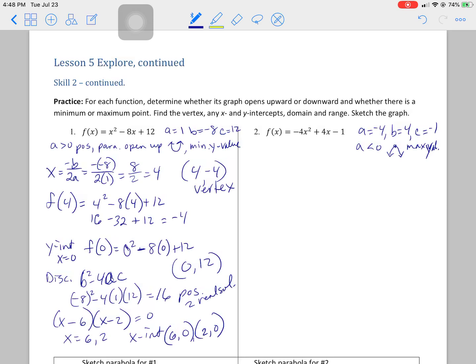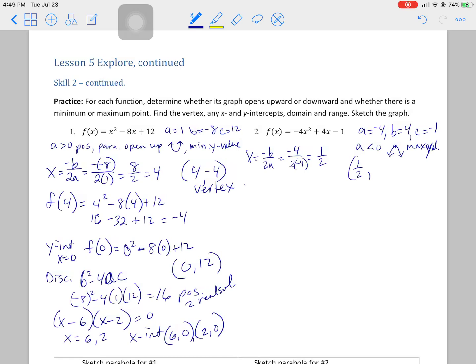So let's find it. All right, the B would be -4 over 2 times -4. So -4 over -8, that would be a +1/2, right?